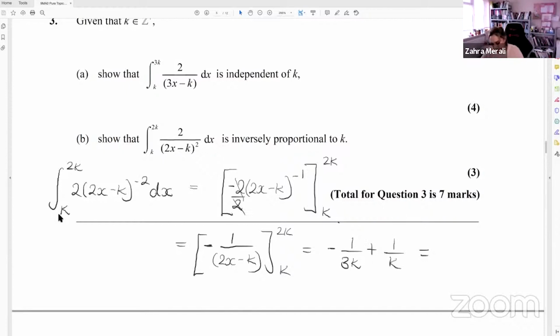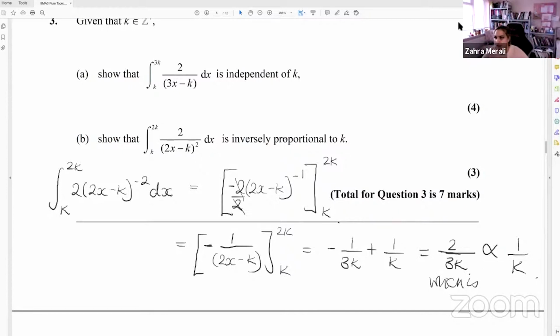So we end up with 1/k minus 1/3k, so we get 2/3k, and we can see it's proportional. So you could write the proportional sign, 1/k, or you could say it's inversely proportional to k, because there's a k on the bottom. So you've proven that one.